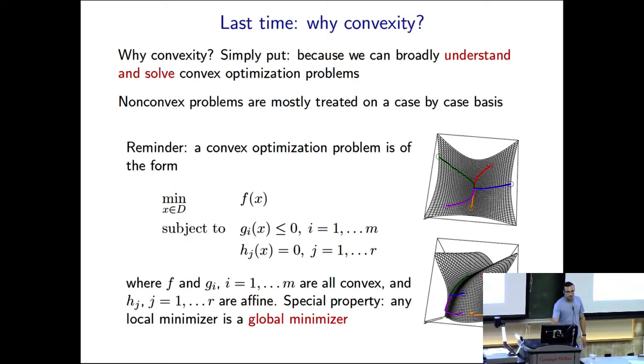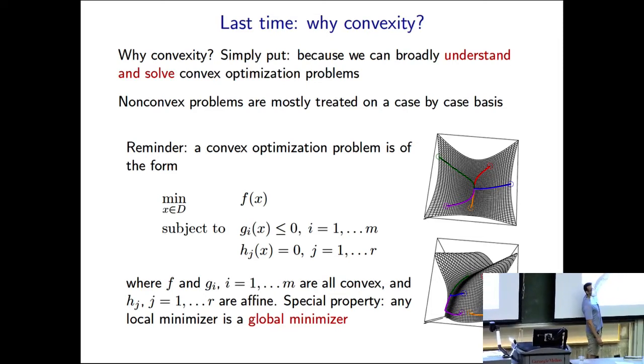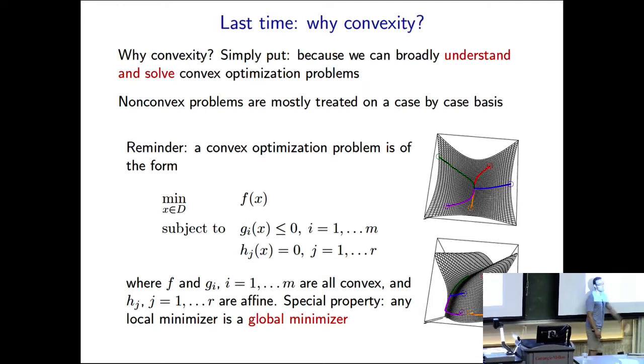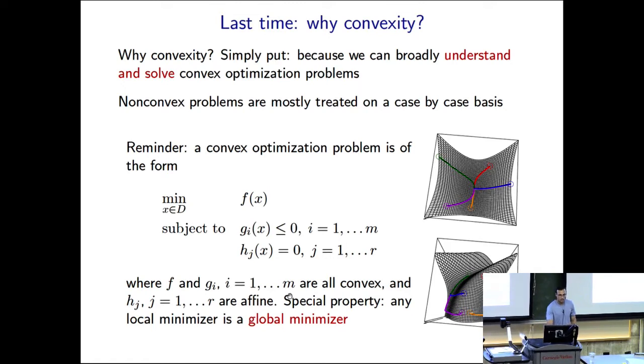In fact, if I didn't tell you anything about f, g or h, this is an optimization problem, but it's convex when f is convex, each of the g_i are convex, and each of the h_j are affine. And the special property of such an optimization problem, if we make it convex, is that any local minimizer is a global minimizer. We actually proved that last time at the end of the class, just following from the definitions of convexity.